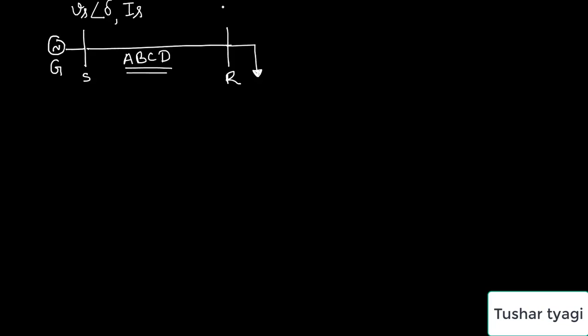Now let us take the receiving end as reference, so I am assuming 0 degree, that's why VR angle 0 degree, and the current is, let's say, IR.